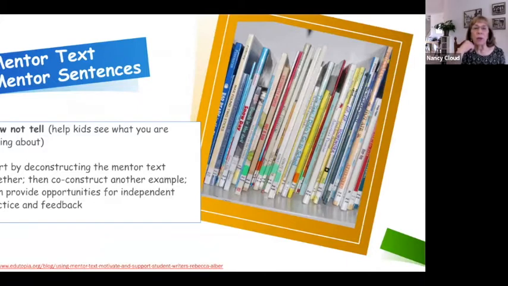One of the things we can also do with a well-selected text, narrative text, is to draw out whole paragraphs or taking out individual sentences so we can show kids, not tell them, how to construct more complex text. We would start by deconstructing the mentor sentence or the mentor paragraph.